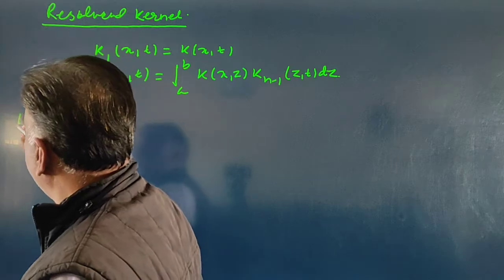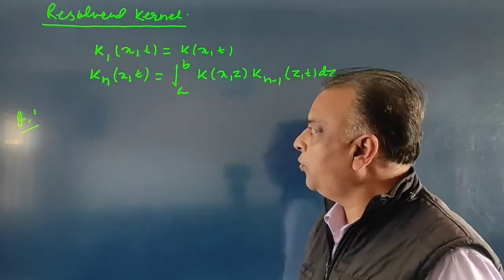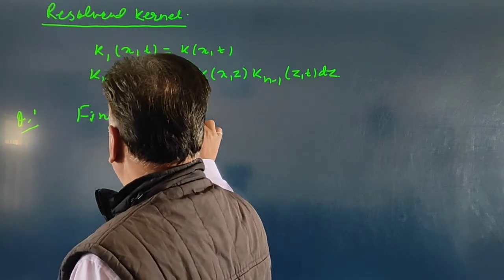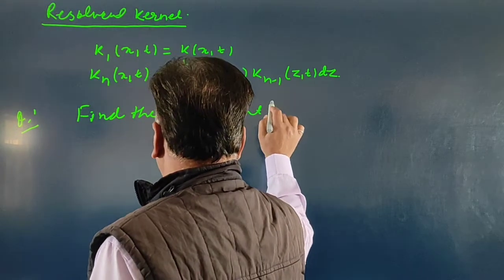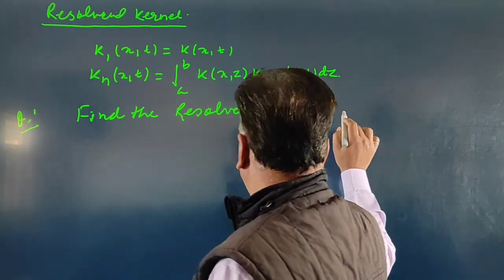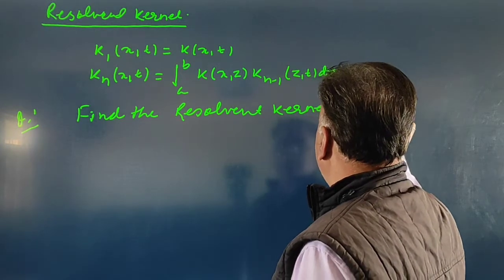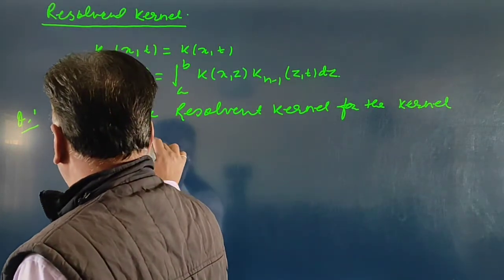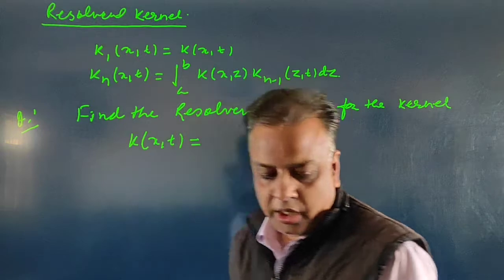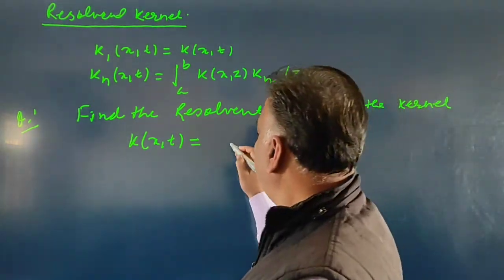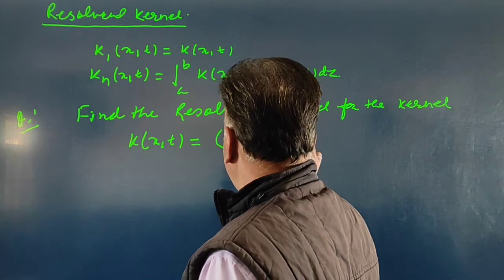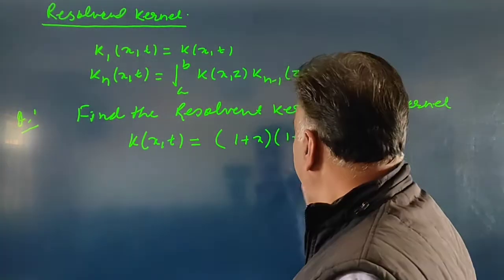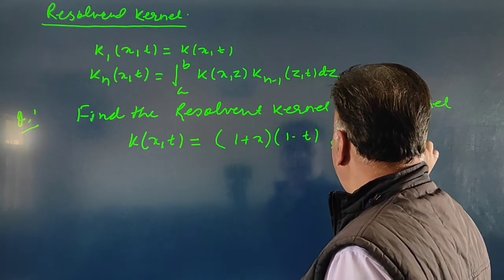The problem for this one is: find the resolvent kernel for the kernel K(x,t) given as 1 plus x into 1 minus t, with a equal to minus 1 and b equal to 0.